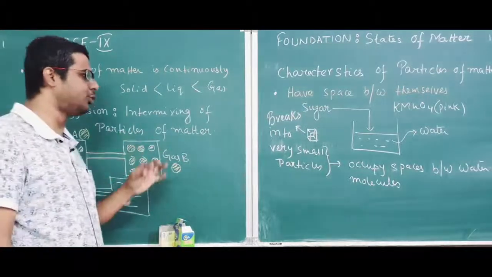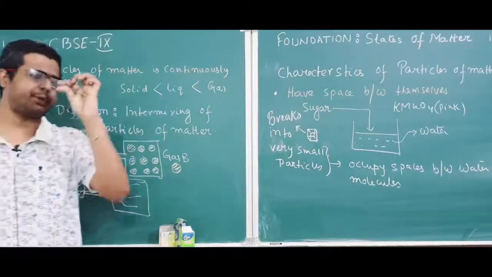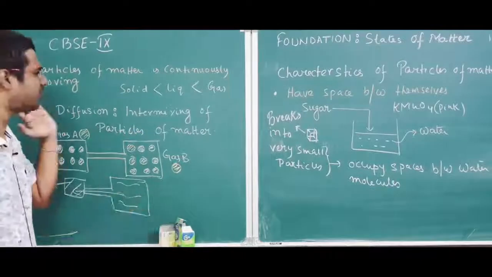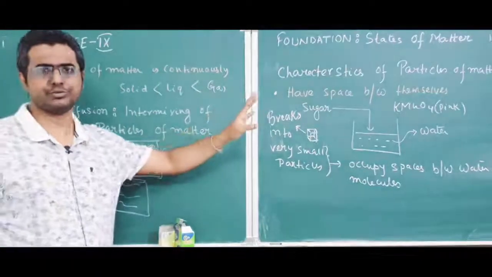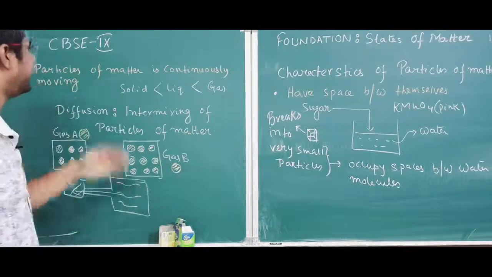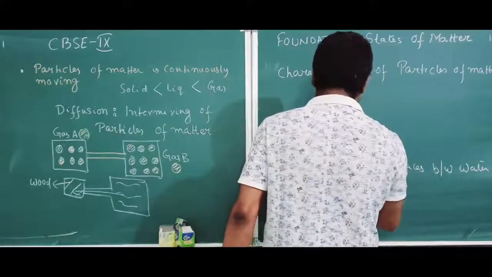If you keep two coins together for a number of years, then after that you will see some amount of diffusion has happened between the two coins. So it takes a lot of time to diffuse. But in the case of gas, it will diffuse immediately, right? So that is why particles of matter are continuously moving.